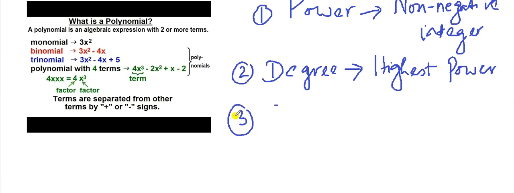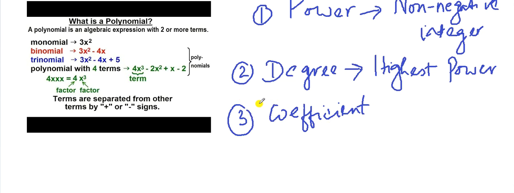Then coming to the third point, this is the first point, this is the second point, and the third point is a term called coefficient. Now what is coefficient? Coefficient is spoken of in terms of every term.